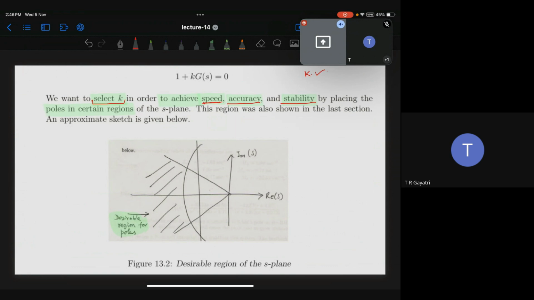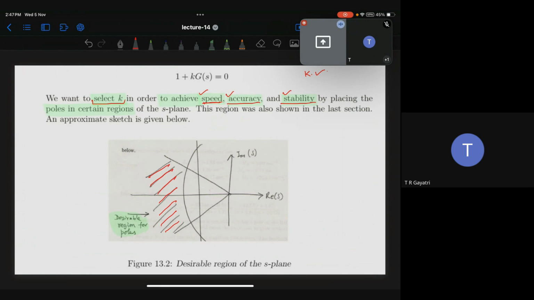By simply varying this k, you can place your poles in a particular region of interest. For example, you can see here this is the region of interest where you want to place your poles. By placing the poles in this region, you will satisfy your requirements like a particular rise time, settling time, and steady state error.